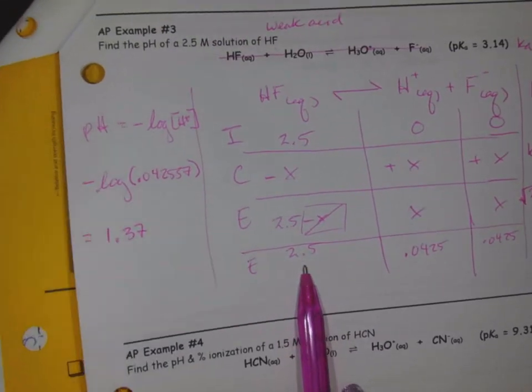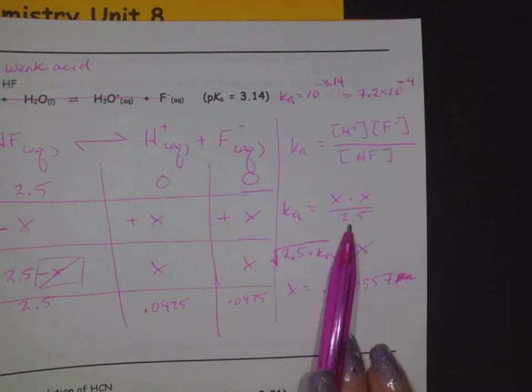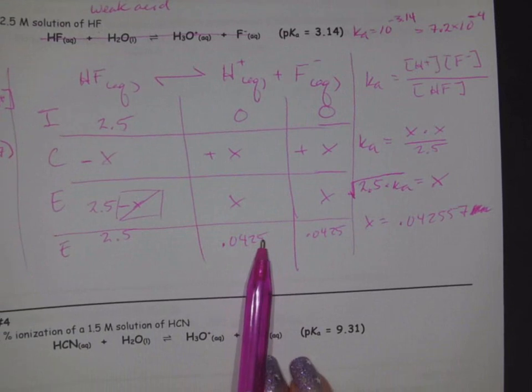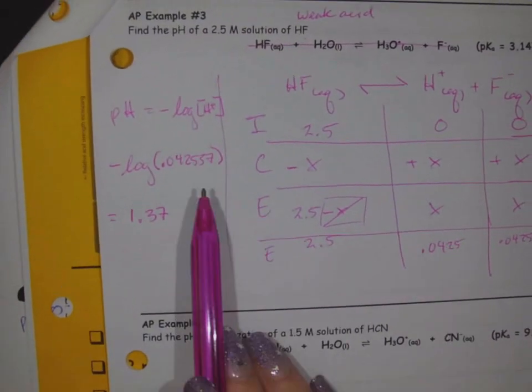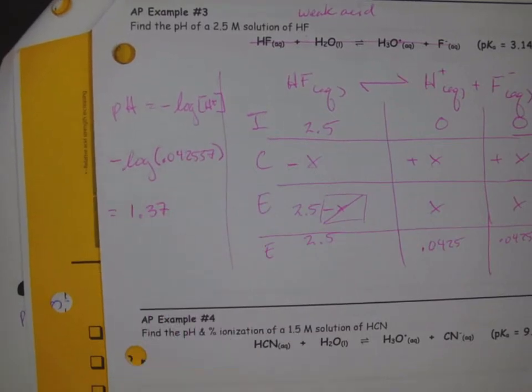From there, you're going to use your K number and expression to solve for X, and that's going to give you your concentration of H+ or your concentration of OH-. From there, you'll do the negative log of that to get your pH, and in some cases, your pOH.